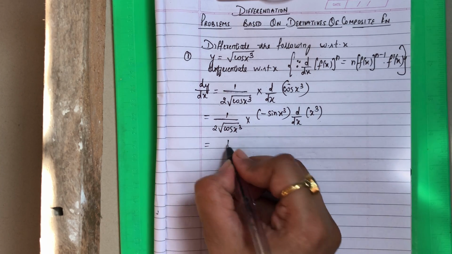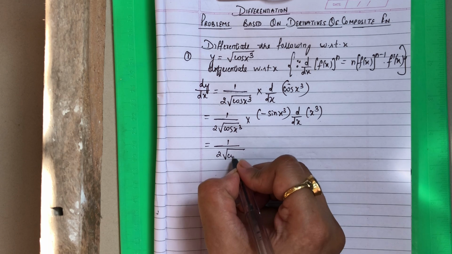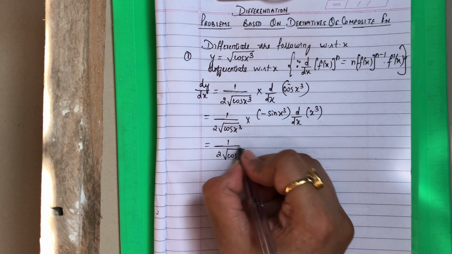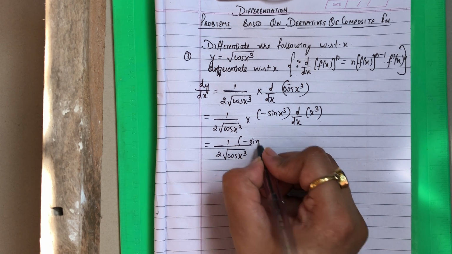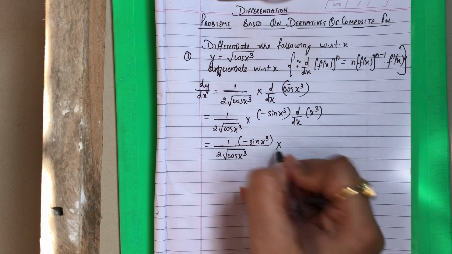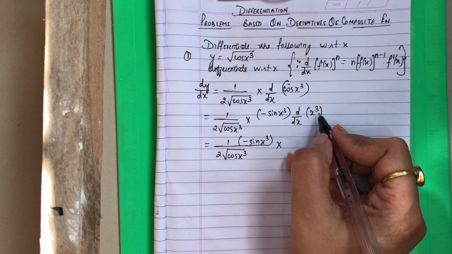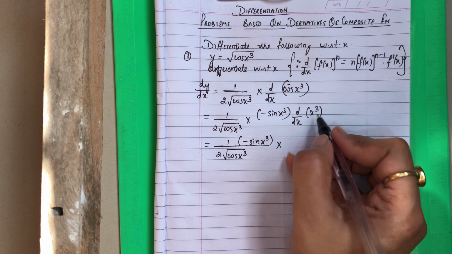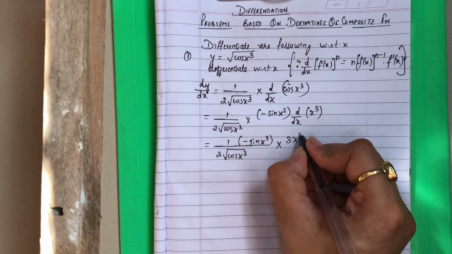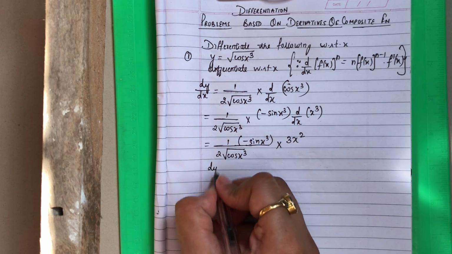So this will give you 1 upon 2 root cos x cube into minus sine x cube into the differentiation of x raised to the power n is n x raised to the power n minus 1, that is 3x square.